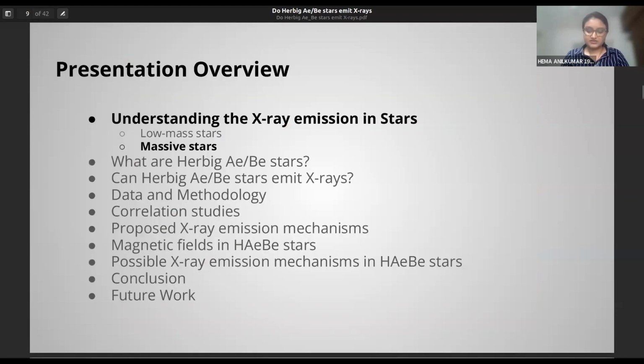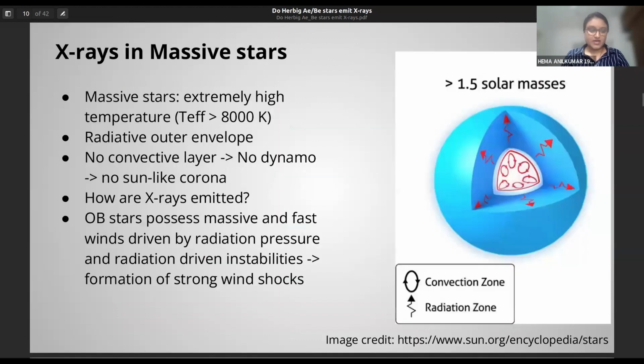So now moving on to the massive stars, X-ray emission in massive stars. In these stars, there is no convective layer. Because of this, they are extremely high in temperature, which exceeds 20,000 Kelvin. These stars begin burning hydrogen much earlier than the other two cases. So due to this, they develop a radiative outer layer where no dynamos can be formed.